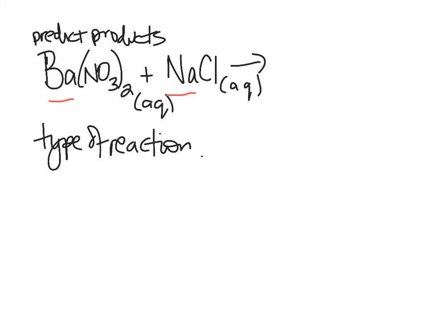They will switch spots because they are positive ions. So that means you will have barium with chlorine, and you will have sodium with nitrate.